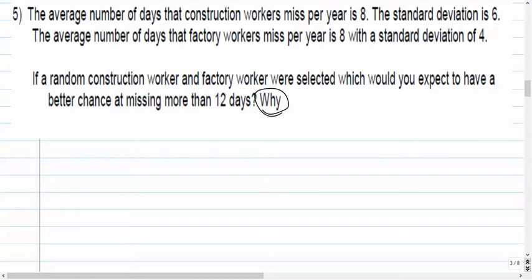Well, let's look at what we know. For a construction worker, on average, they miss 8 days. Okay? Now, if standard deviation is sort of thought of as the average distance data is from the mean, the standard deviation is 6. So let's go out 6 units to the right, and we get 14.